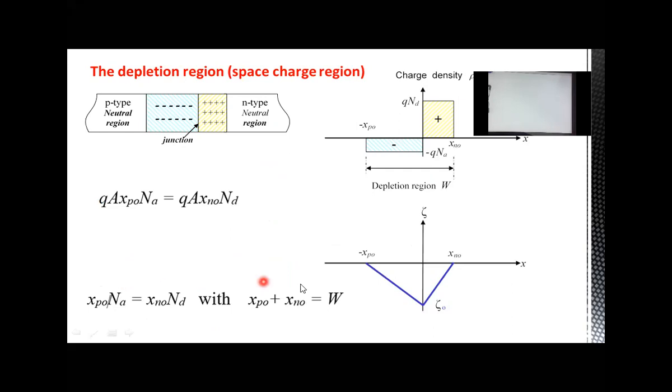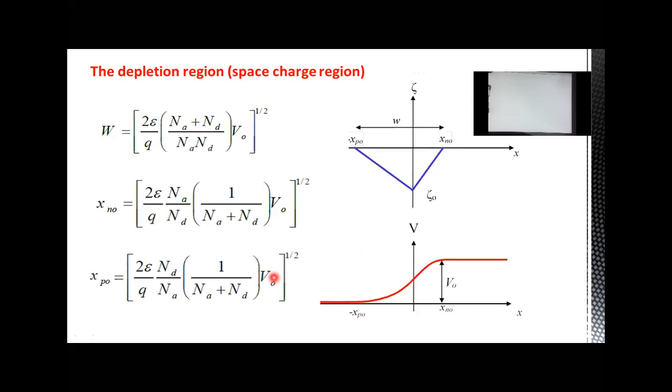The only two equations I'm requesting you to know from this part of the lecture are Xp Na equals Xn Nd, and Xp plus Xn equals W. That's all. Otherwise, you can use one of these equations that will be given in the formula sheet.